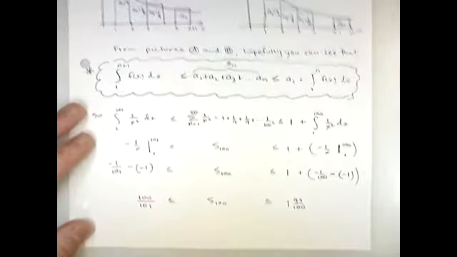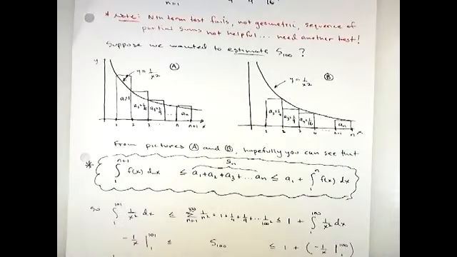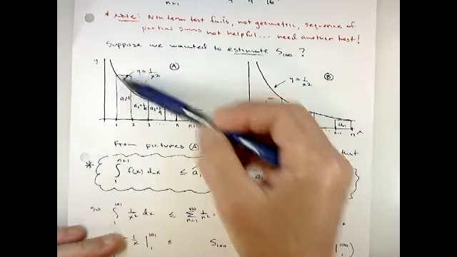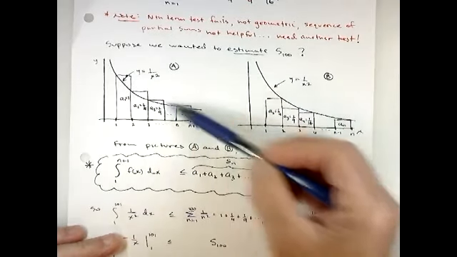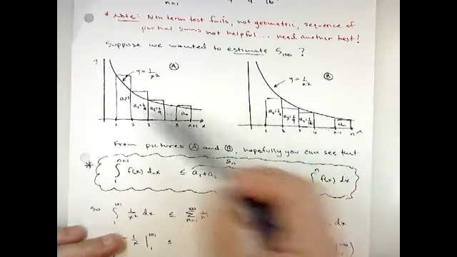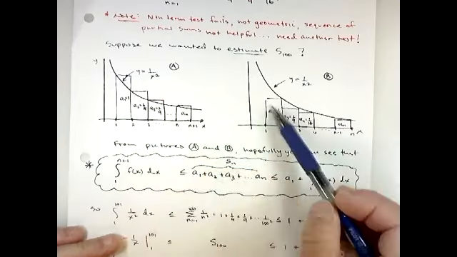Now, from this picture, what we learn is that anytime I'm studying a series where the function associated with it is a decreasing function, like this, decreasing towards zero, I could always draw these two pictures. These two pictures would always look the same.